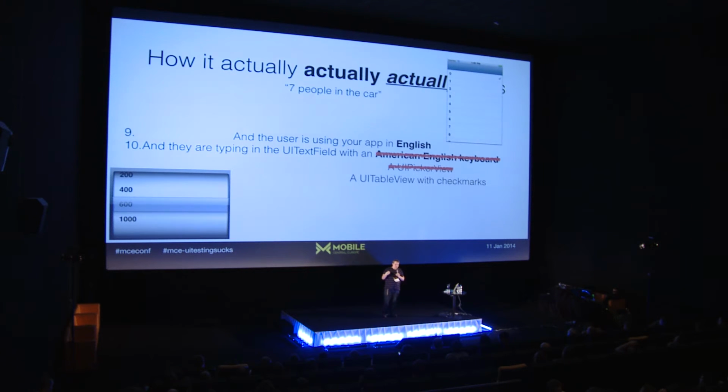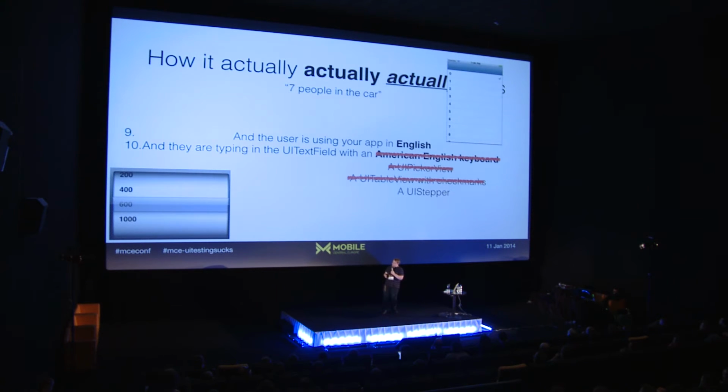So figuring out how to write test code that is prepared to scroll UI table views is very difficult in the general case because oftentimes they're not sorted, or not sorted in a way you expect. So you might be dragging your UI table view for quite a while. And most of the UI testing frameworks basically punt on this problem because it's too hard. And we'll see some of that code.